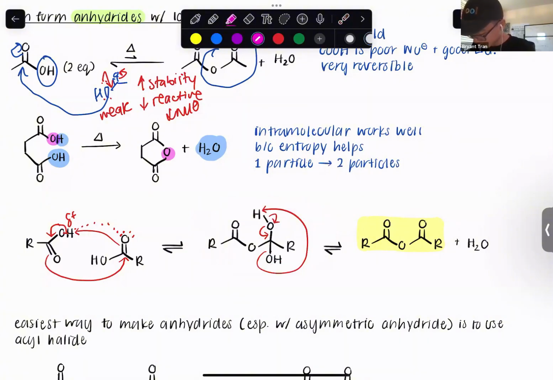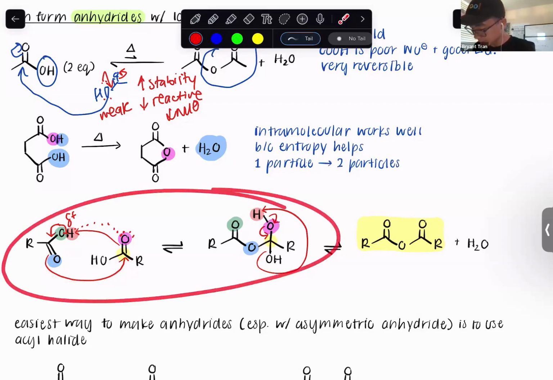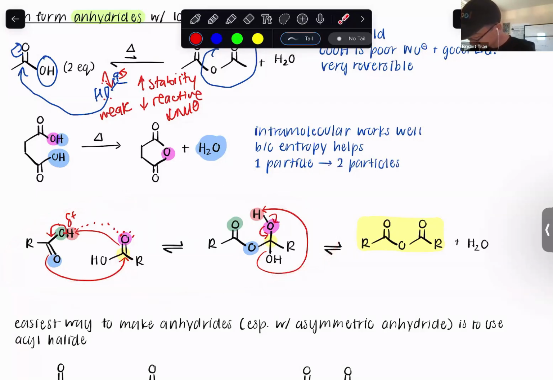So if I highlight things, let's say this is that, that's that. This red hydrogen is that red hydrogen. This green oxygen is that green oxygen. This blue oxygen is this blue oxygen. And then this carbon here is yellow right there, right? And then we made that new bond from that attack right there. So that's how you can keep track of where things came from.